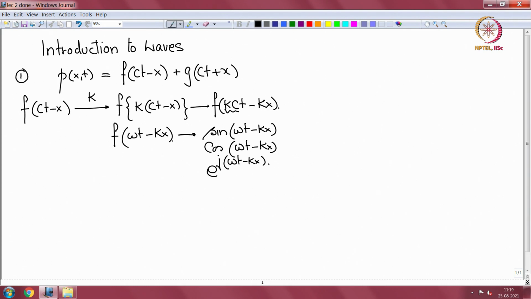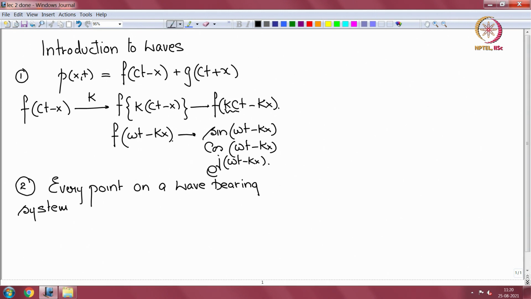Then the second point is, I said every point on a wave bearing system vibrates, sees the wave coming and going, and has a phasor description.